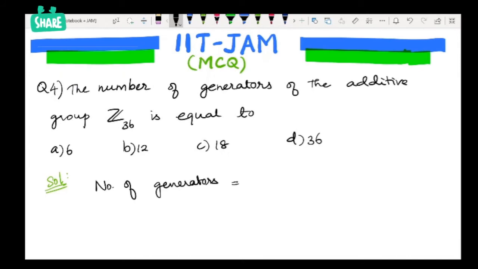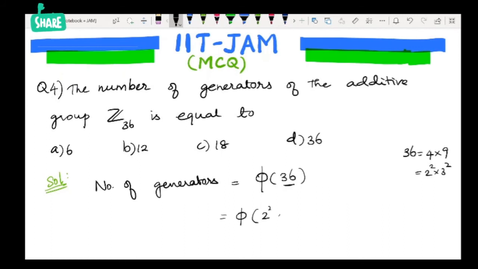Now the number of generators is denoted by phi of n, where n is the number of elements, 36. How do you calculate this one? There is a method to calculate this. You need to write the number as a distinct product of prime powers. So I'm going to write 36 as 2 square times 3 square.